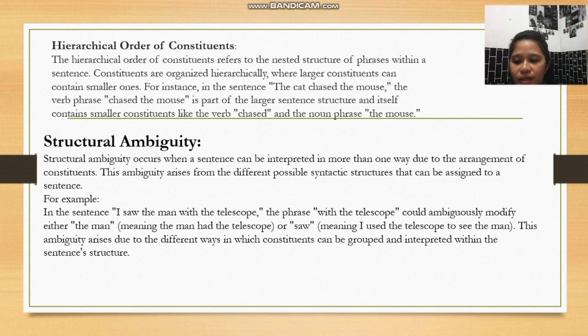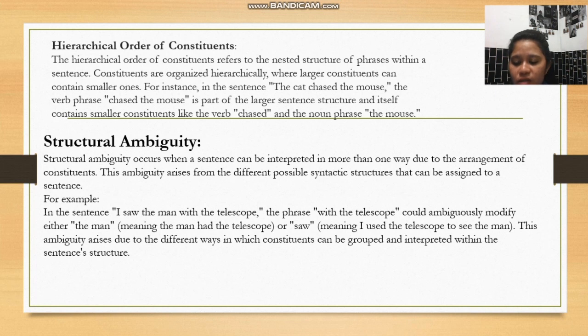Structural ambiguity. Structural ambiguity occurs when a sentence can be interpreted in more than one way due to the arrangement of the constituents. This ambiguity arises from the different possible syntactic structures that can be assigned to a sentence.